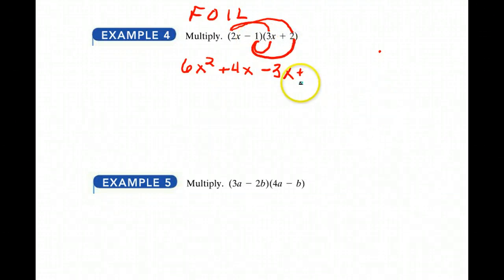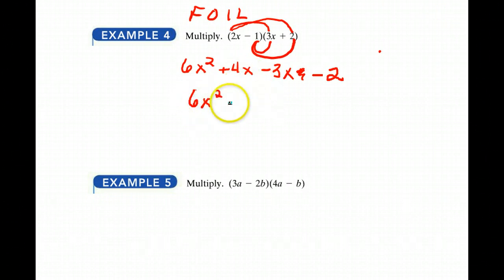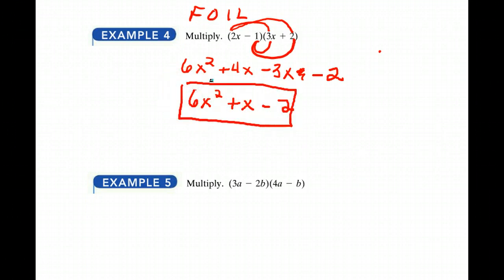Last and last. So we have negative 1 times 2, which is negative 2. Then you check to see if you can combine like terms. We can. So we're going to bring down our 6x squared. 4x minus 3x is positive 1x minus 2. And that is our final answer.